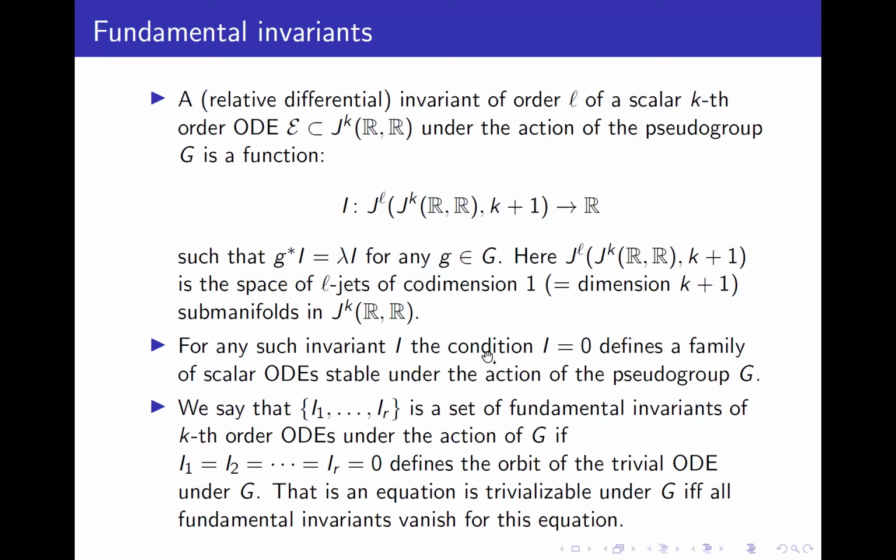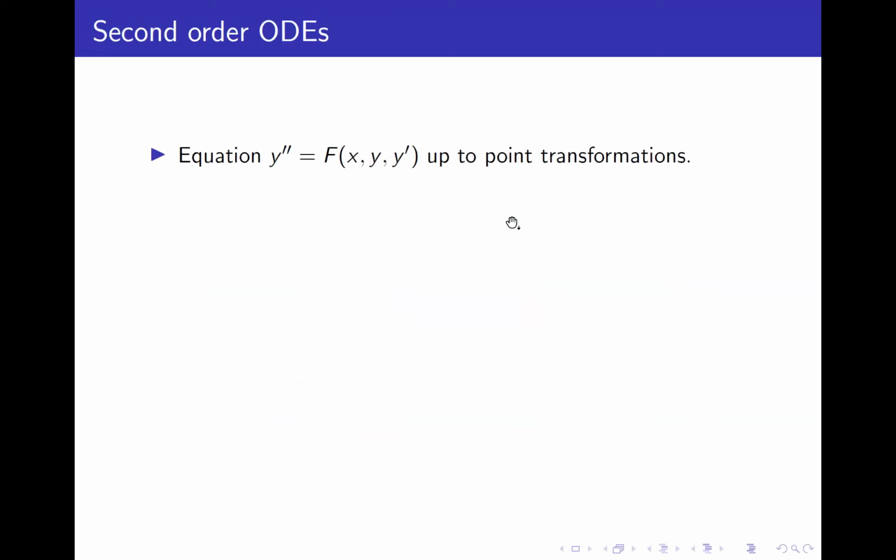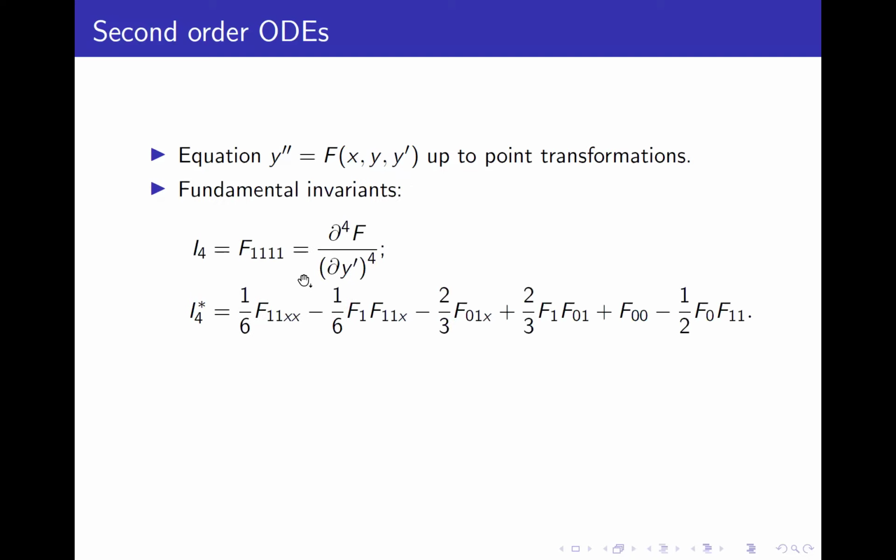The examples are very classical, very well known for lower order ODEs. Probably the most classical goes back to the works of Tresse, end of the 19th century. If you look at the second order ODE under point transformations, then it has the following two fundamental invariants.